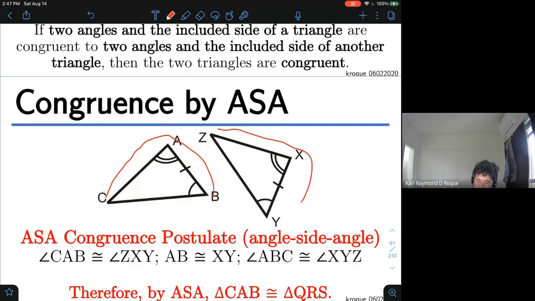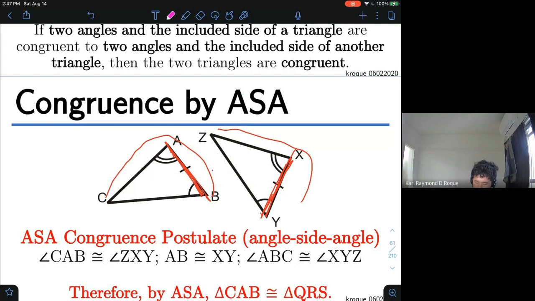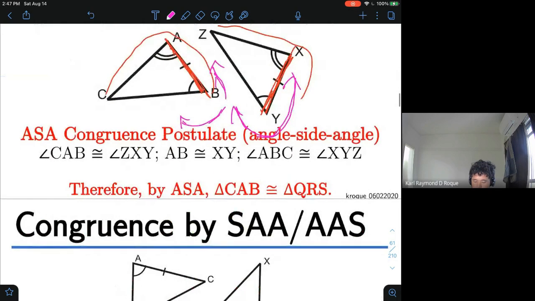Tapos yung included side nasa gitna, AB tsaka XY. Tapos ABC, XYZ. Yan, that's how we do it. By ASA, CAB is congruent to QRS.